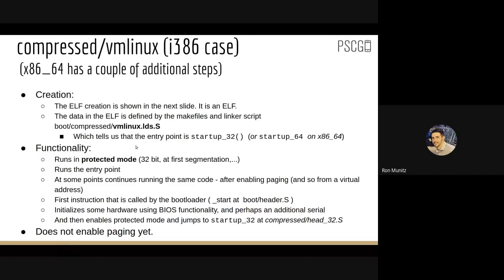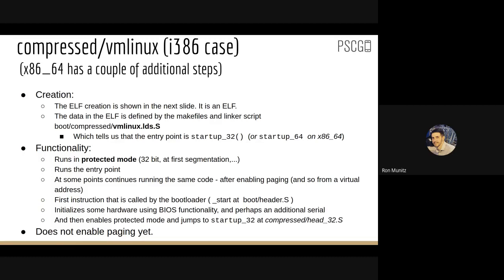And as I mentioned before, there are additional files. A very, very important one is going to be the compressed vmlinux. One of the things it's going to be doing, after some jump from the setup code that I will show, is to run in protected mode. Protected mode, especially for the ARM people, does not yet mean that we have paging enabled, okay?